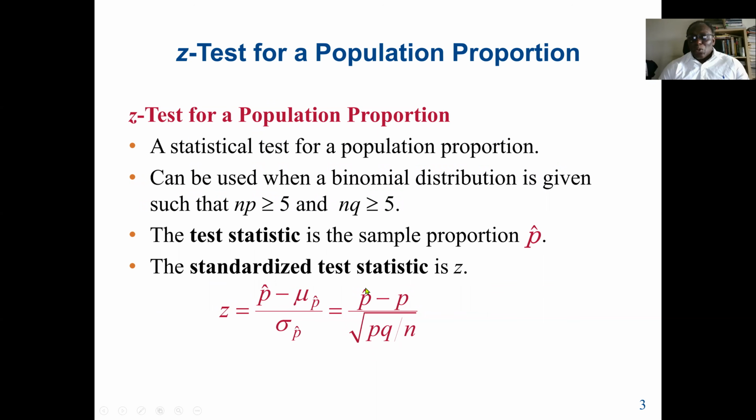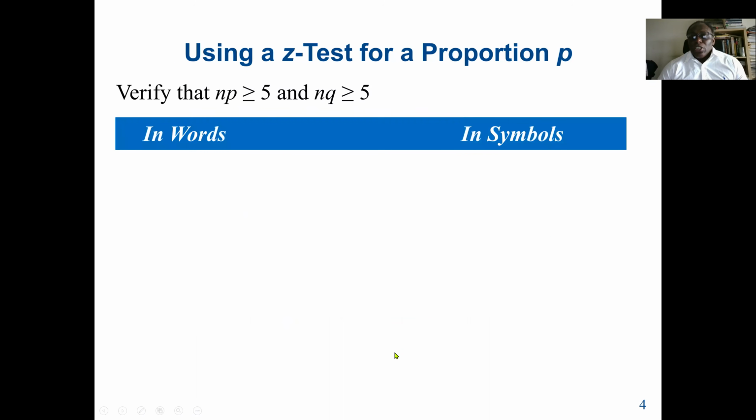So that's the next step. We find the z-test. And we are going to again use the sample proportion minus the population proportion over the standard deviation, which will be the square root of pq over n. So when we finish that, then we have to use our table. Again, we are doing the z-test, so we have to use the standard normal table to get the value of P based on the z value given to us.